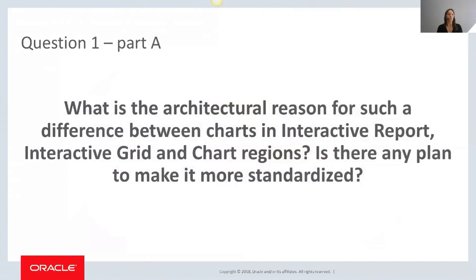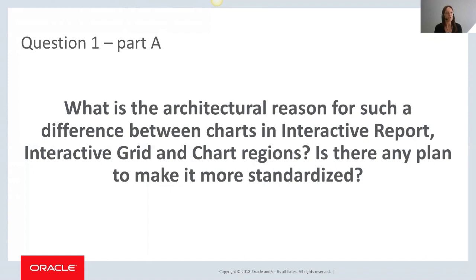So yes, those charting solutions are very different. While all generate a JET chart, the chart types and the available attributes are quite different. It is intentional. If you are creating a chart region, it gives you granular control over the chart type that you're rendering and access to a wide range of attributes exposed in Page Designer.